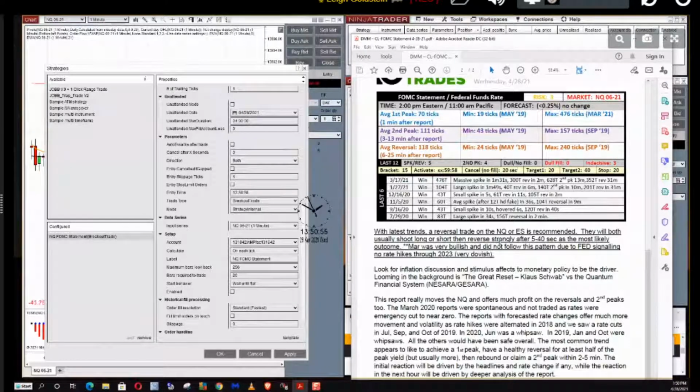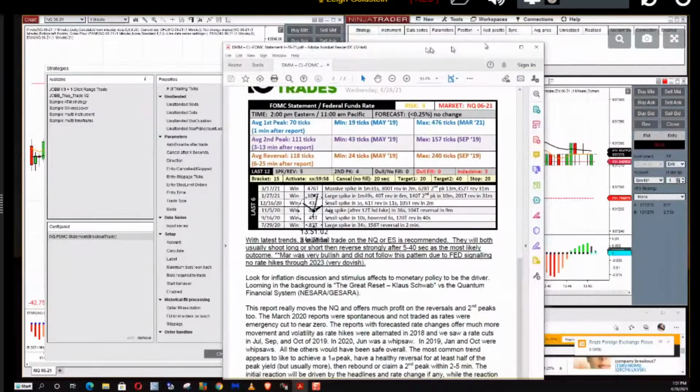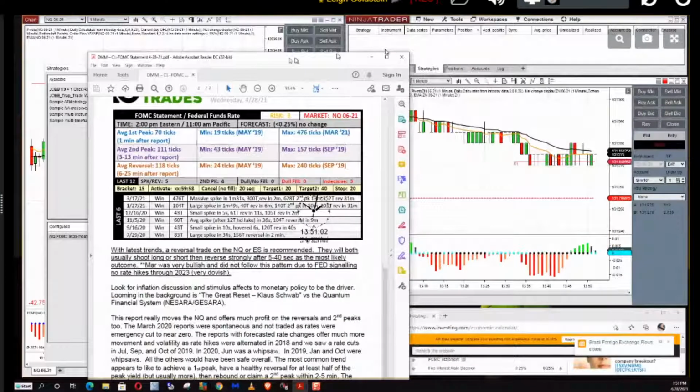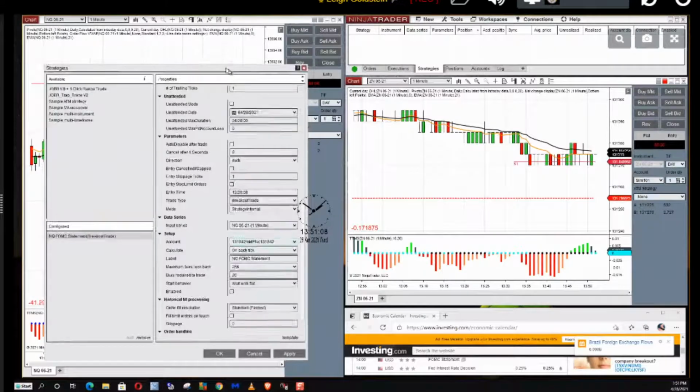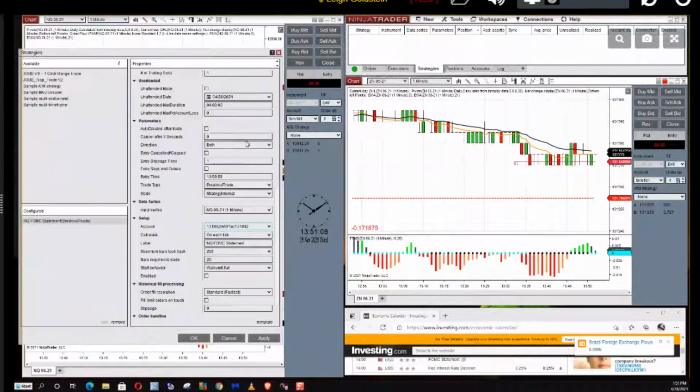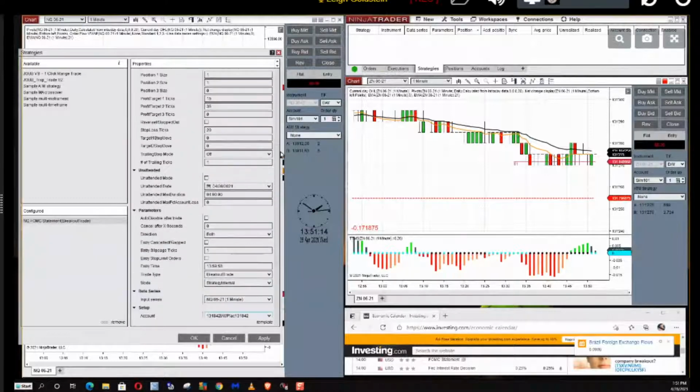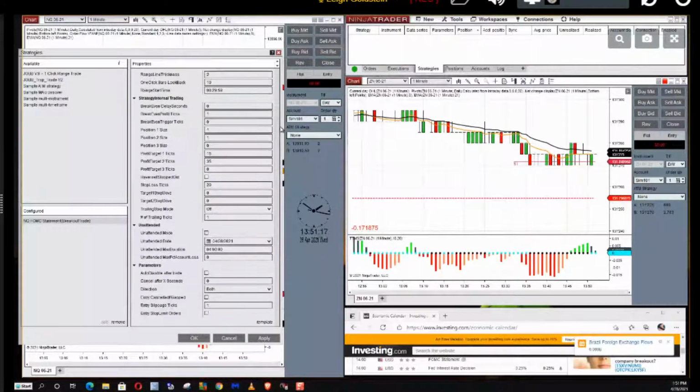We've been seeing news react much more slowly these days. This particular report has not had a history of acting all that slowly, okay? It's been acting pretty fast. So I'm just using a slightly bigger bracket, 22.